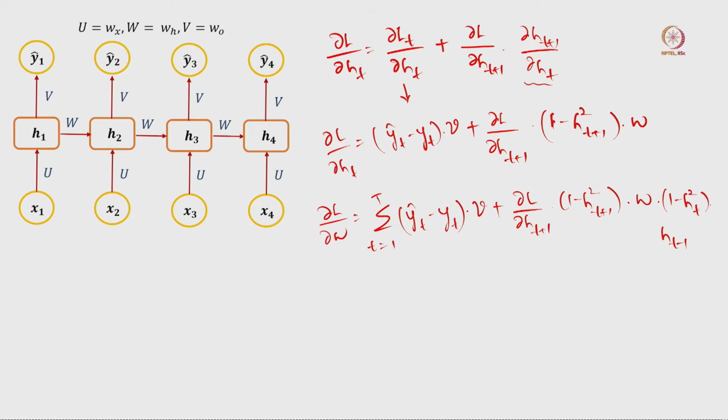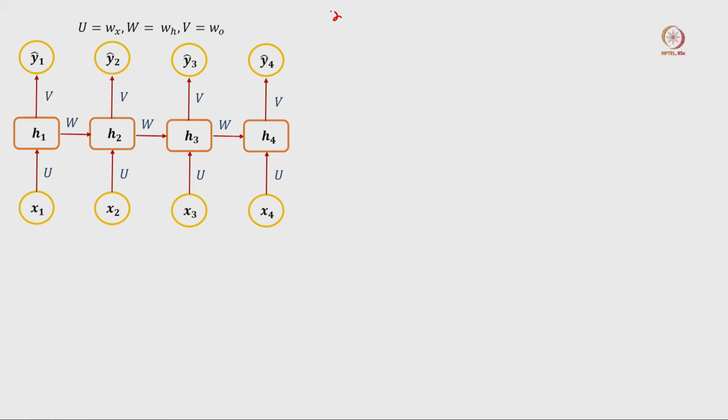Now, look into this term. This is the overall derivative of loss with respect to W. For the time being, we are going back to this equation only, so I will erase this and write the equation again.